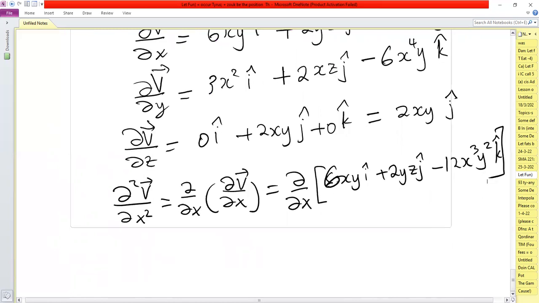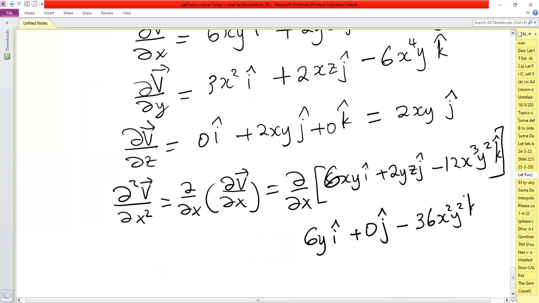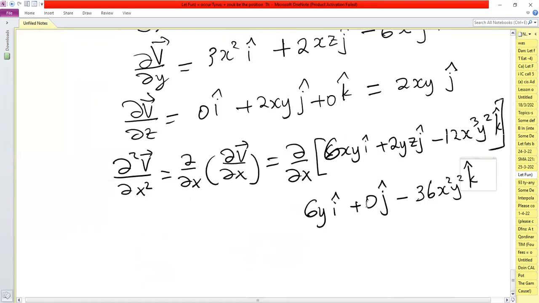When you differentiate the i component, you get 6y i. For the j component, there's no x, so we get 0 j, and here we get minus 36 x squared y squared k. So the final answer is 6y i minus 36 x squared y squared k.